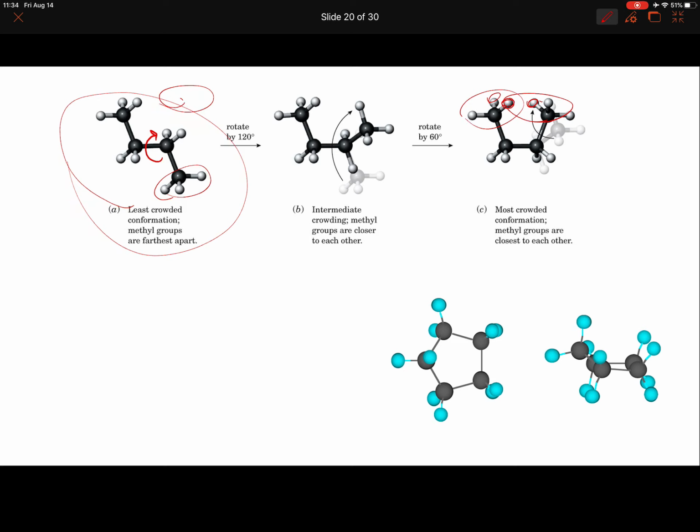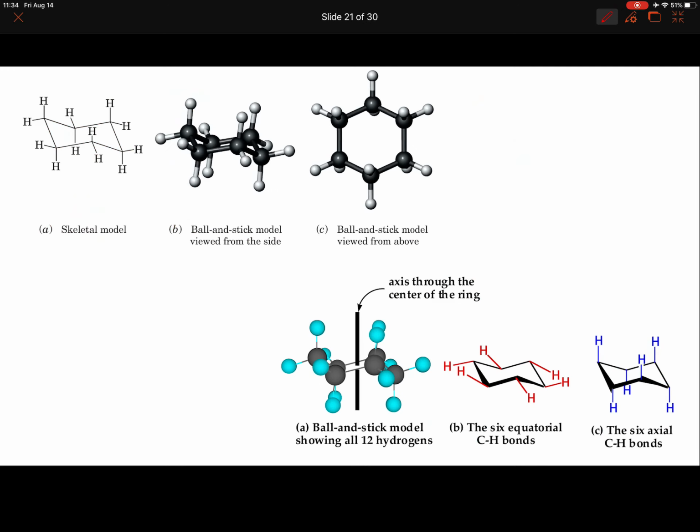We're going to learn in the next chapter that when we introduce a double bond, we actually stop the rotation around these bonds. A double bond doesn't rotate. So if this had a double bond right here, instead of a single bond, we would not see this group ever coming up here. It would be locked in place. So that's a cool thing about single bonds that double bonds don't have.